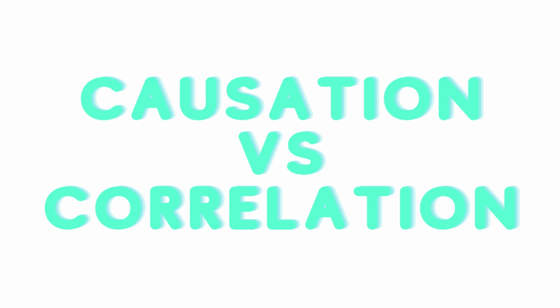Now, to investigate causation, we might pose a question like this: does an increase in crime cause an increase in ice cream sales? Well, of course, we'd quickly figure out that there is no causality. High crime rates and ice cream sales simply share something in common. They're correlated.